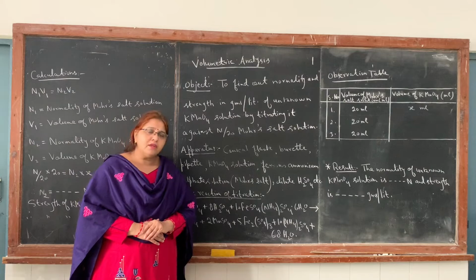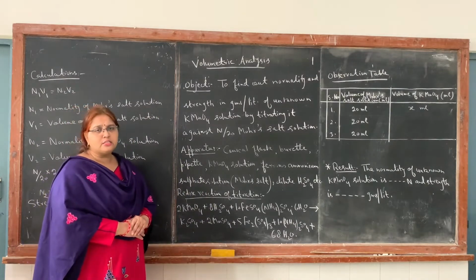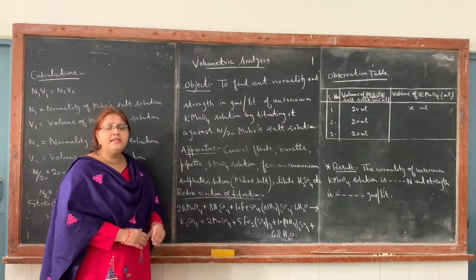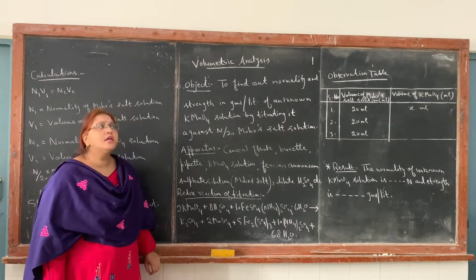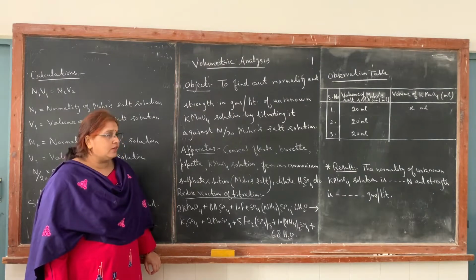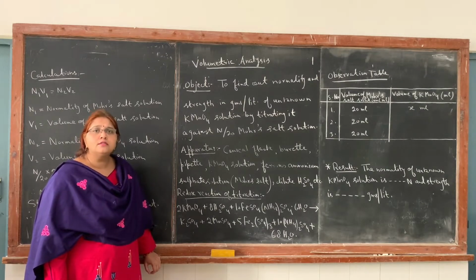So, coming to the experiment, the aim of our experiment is to find out the normality and strength of a given unknown KMnO4 solution by titrating it against N/20 Mohr's salt solution.